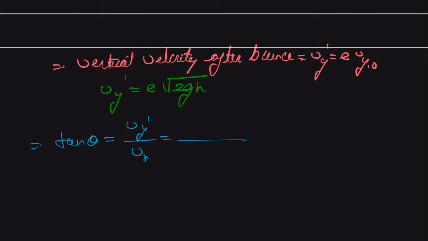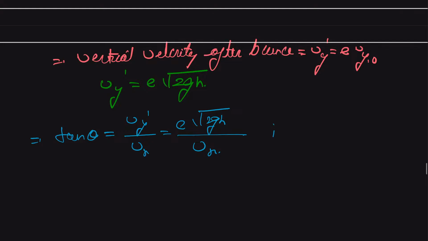So therefore we get this as E square root of 2gh upon Vx, and if required we can substitute the value of Vx in terms of L, because we know that Vx is equal to L upon twice square root of 2h upon g.